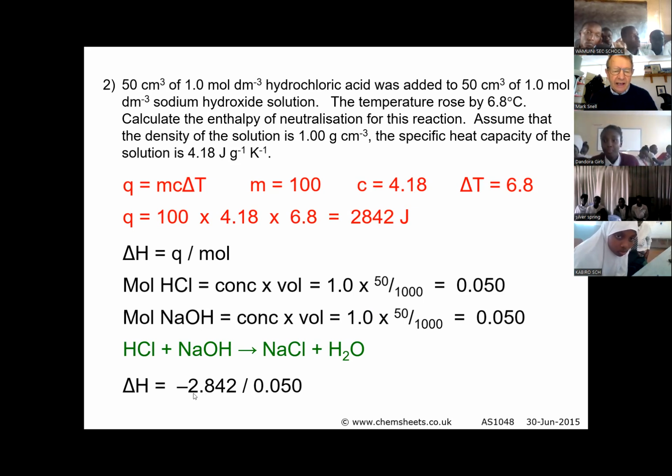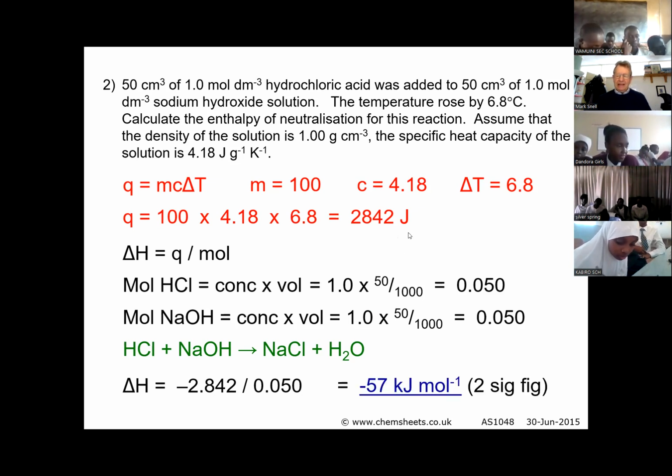That's negative 2.842, and it's negative because the heat is given out, so it's exothermic, divided by 0.05, and that's negative 56.84 or something. We call it negative 57.